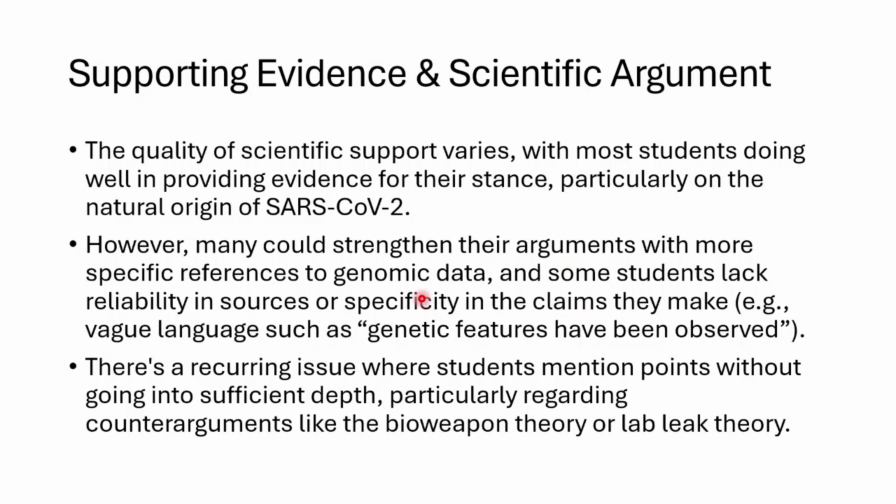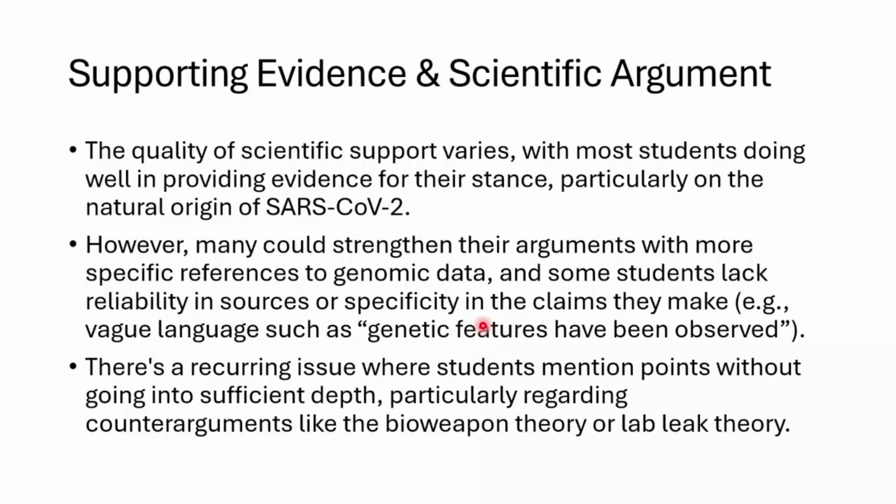Why specificity? Because it tells me that you actually understand what is happening under there and not just talking about genetic features. Everything has genetic features. And some look like this and some look like that. When you're specific, then you know what you're actually talking about. For example, one genetic feature that you could talk about is these recombination sites, or these sites where enzymes would cleave.